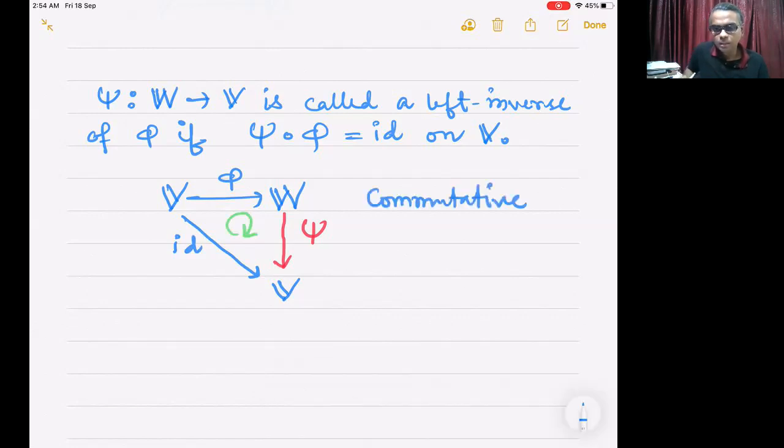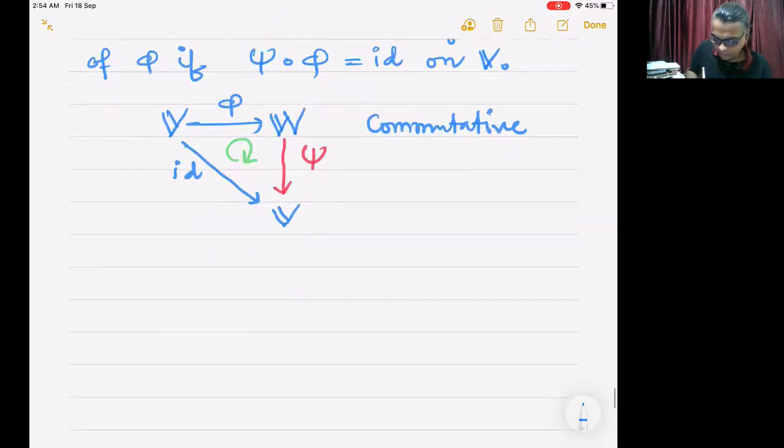Start from here, come here following the phi map, and then from here follow the psi map and come here. Or for the same element, you apply this direct identity map.